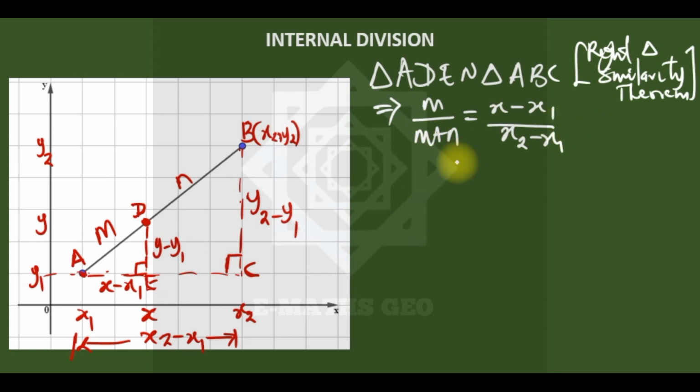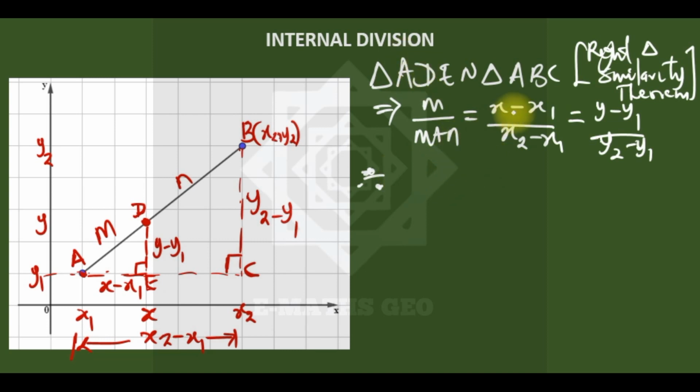After that, we compare the other one, the y part, which is y minus y1 over y2 minus y1. So taking the first one, this is equal to this, and we are solving for x.